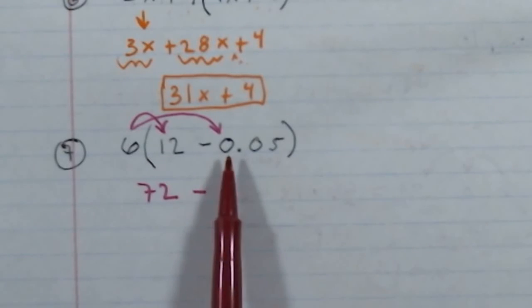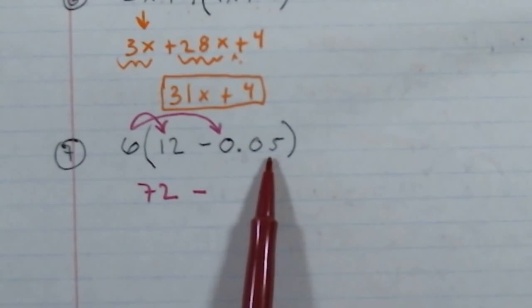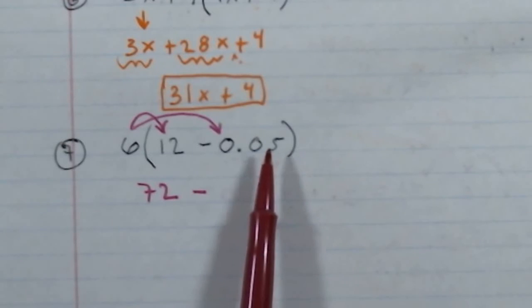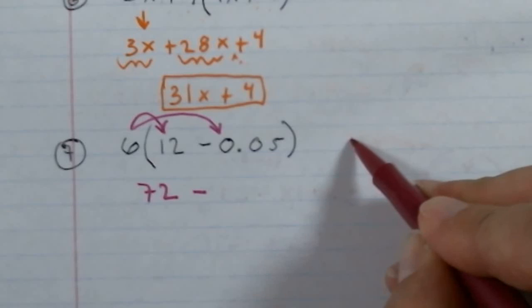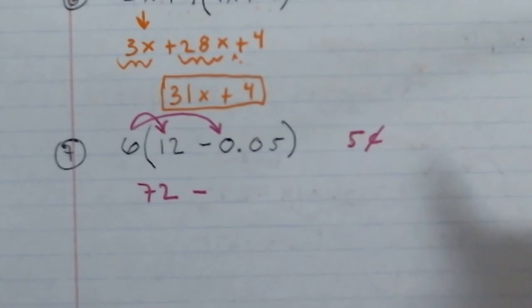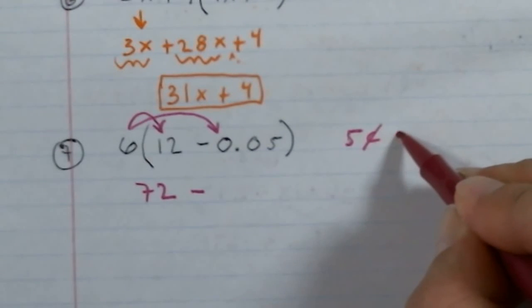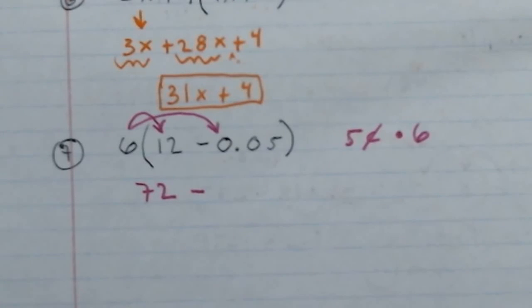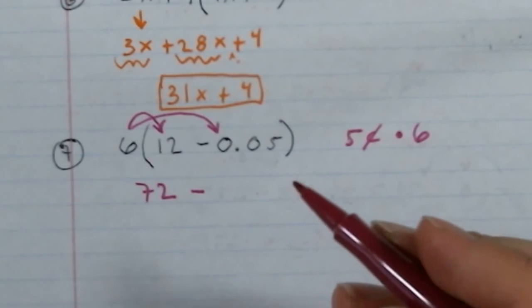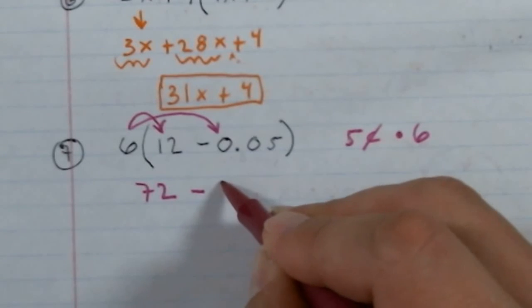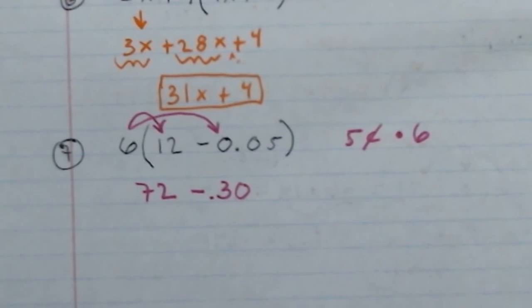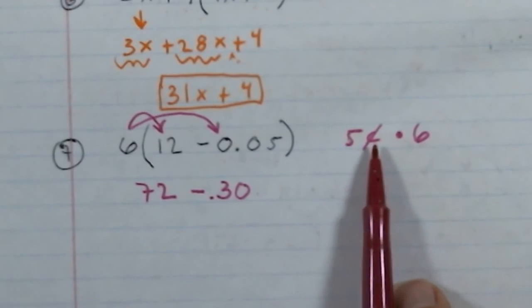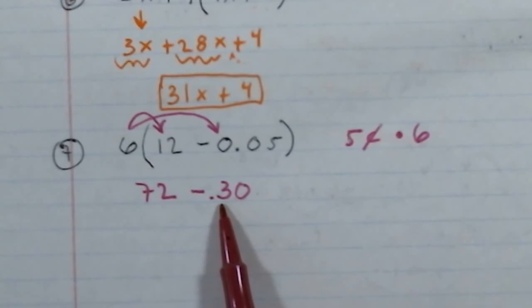What's 6 times 5 cents? Is it 30 cents? Negative 30 cents. Because 5 times 6 is 30 and cents. So you move the decimals still.